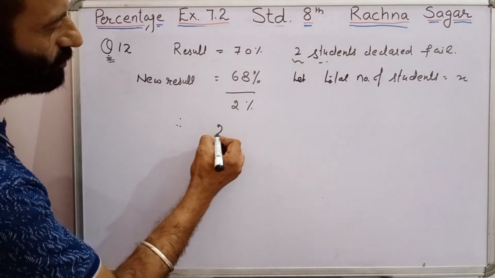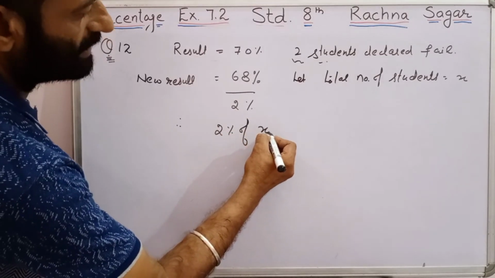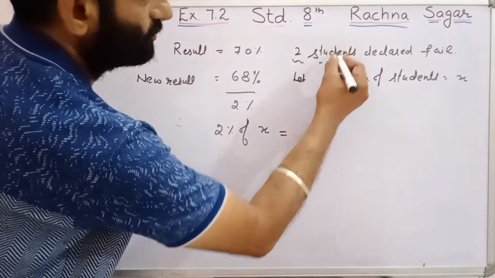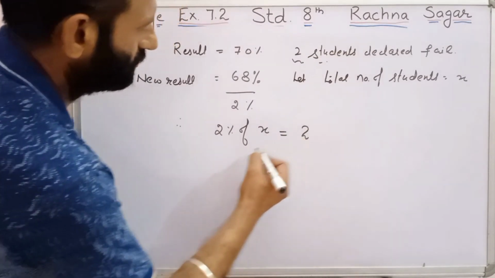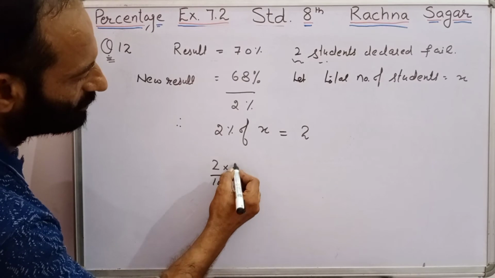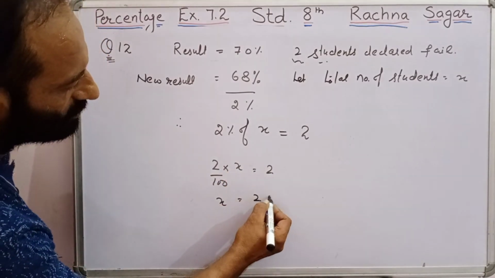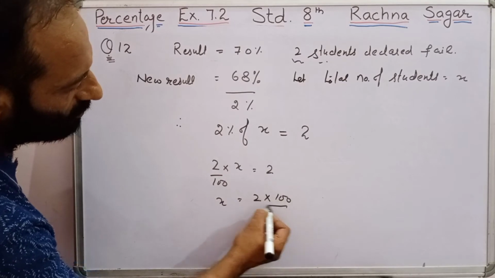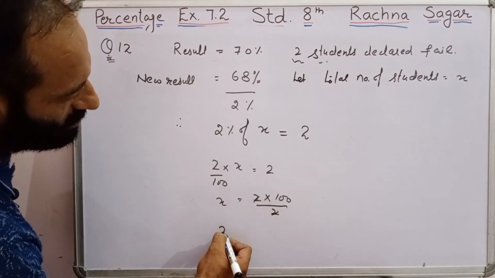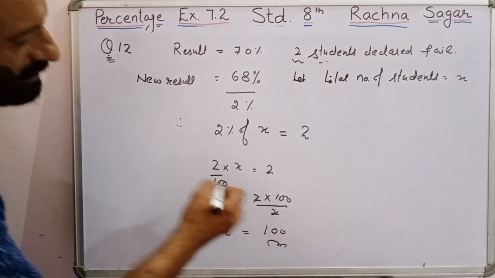Therefore 2% of the total number of students, that is X, is equal to 2 students, or we can write 2 over 100 into X is equal to 2. And we got X is equal to 2 into 100 over 2, that is total number of students who appeared in the examination are 100.